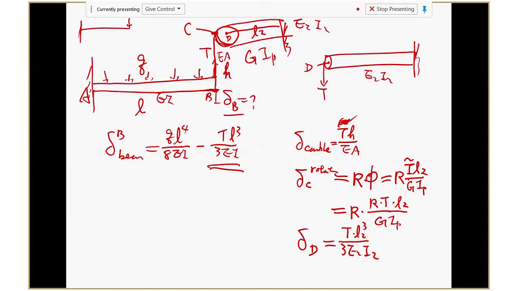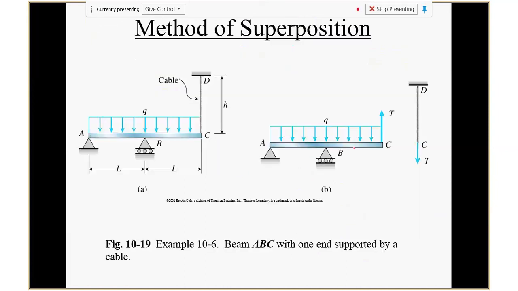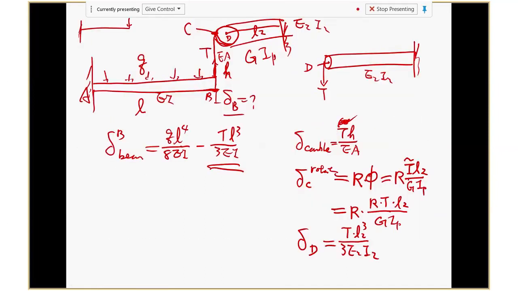If you look at this cable, how much does the cable get elongated? It is this amount, right? So this cable elongated, right? The elongation of a cable comes from where? It comes from the point B moving, so from this part.